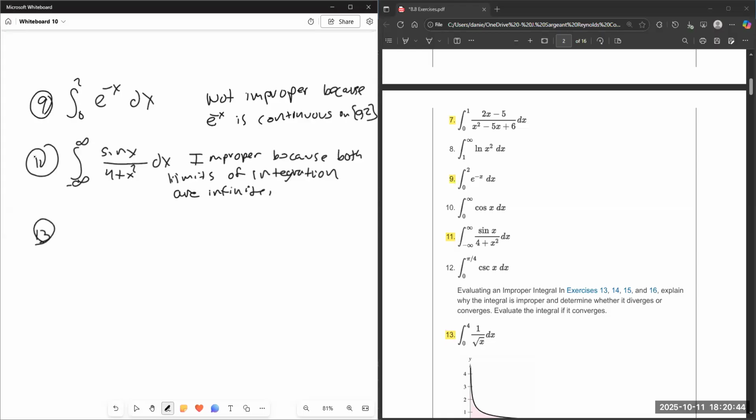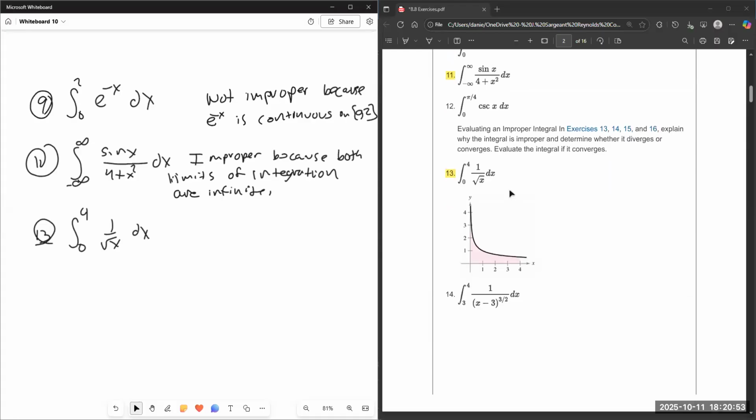Thirteen, 0 to 4, 1 over root x dx. And they give us a picture here. You can see that it's approaching a vertical asymptote from the right. So I can only come at 0 from the right. So this is going to be limit as a approaches 0 from the right of the integral from a to 4 of x to the negative 1/2 dx.